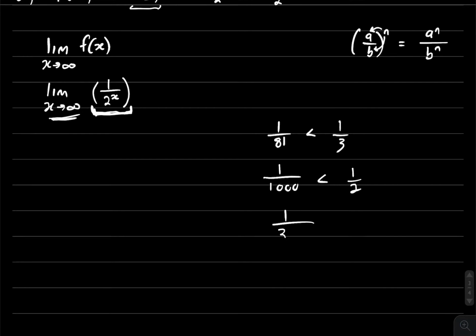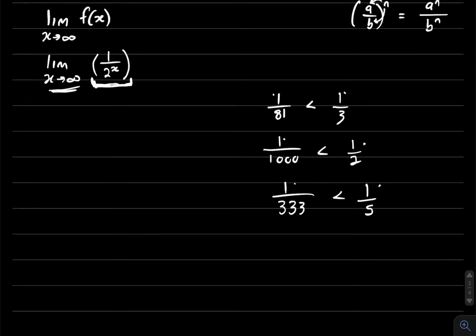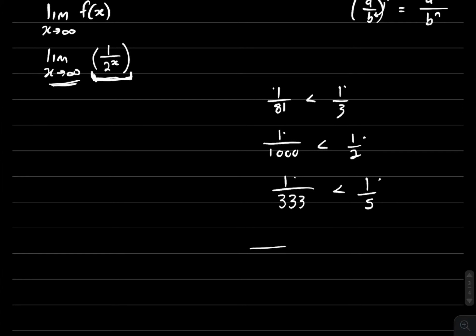We know that 1 over 333 is less than some fraction 1 over 5, for example. And what is the reason for this? The reason is, if your numerator is the same, as you divide by a bigger and bigger number, your fraction gets smaller.